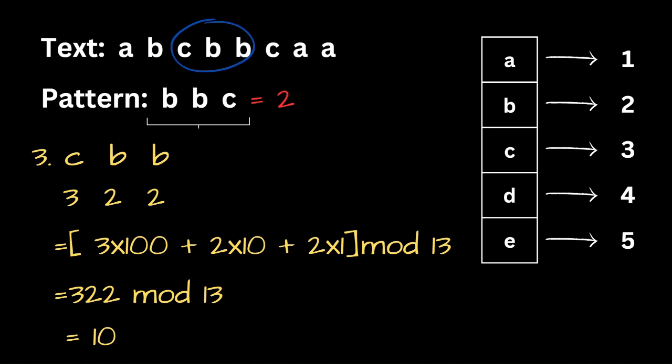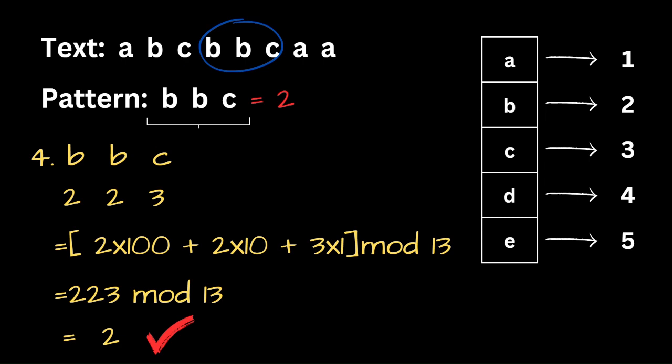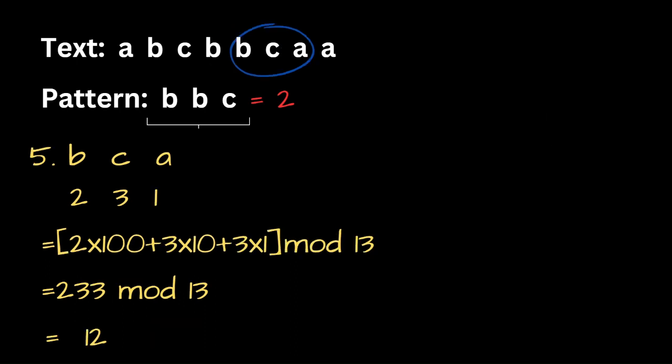This also is different, where the pattern is 2 and the rolling hash value of CBB is 10. So we move on to the next one, BBC. This BBC substring and the pattern have the exact same value. That means this is a match. This is a perfect match. So we move on to the next one. DCA, not a match. CA, not a match.